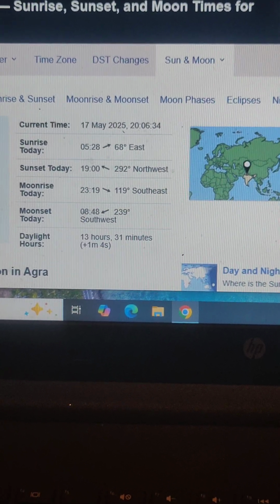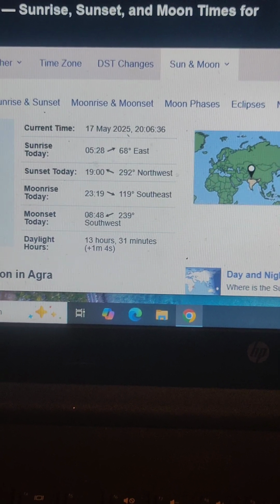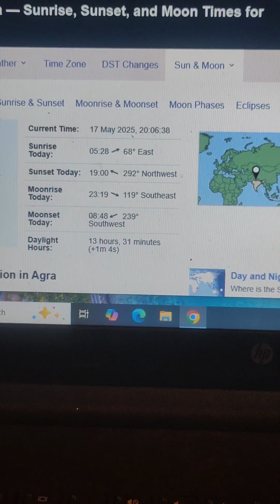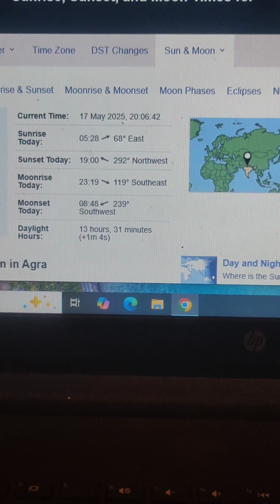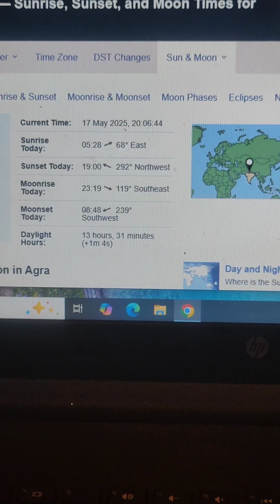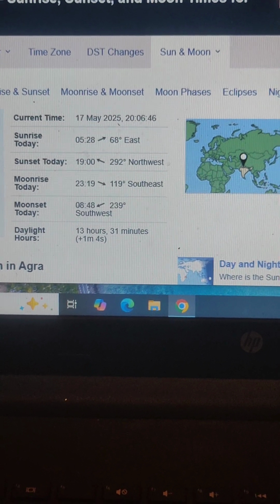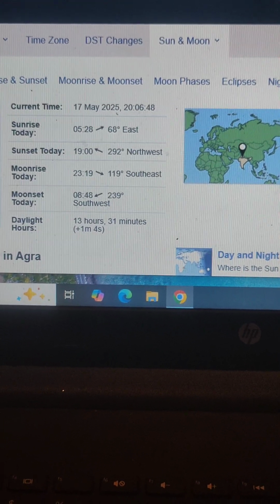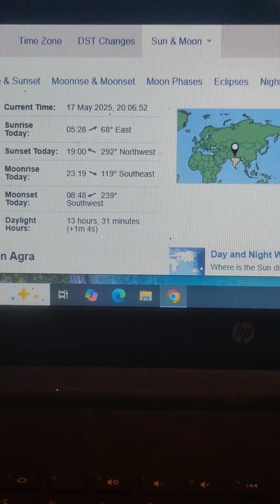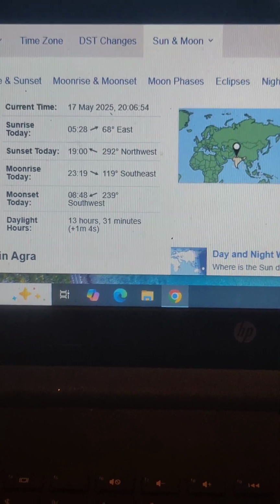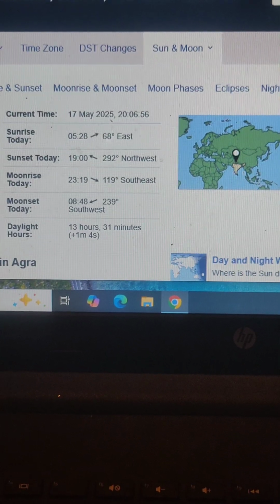Right now I can guess that's around 53, almost 54 minutes per muhurta. So 54 minutes per muhurta, that's 6 minutes over.